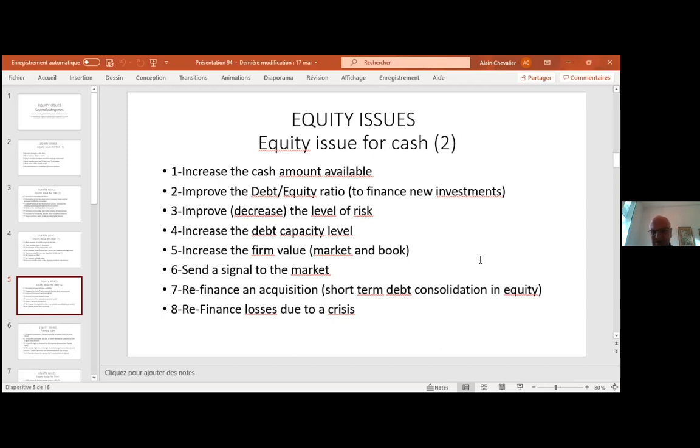It is also used to refinance losses due to a crisis. You have a crisis, and this is the case, for example, for airlines today. They didn't expect these losses, but flights were cancelled, the airports were closed during the pandemic, and they made tremendous losses.